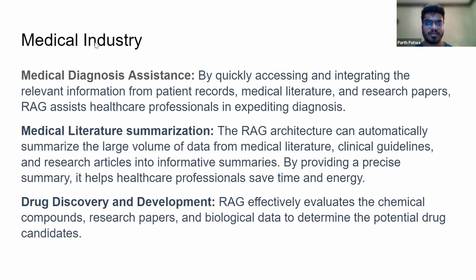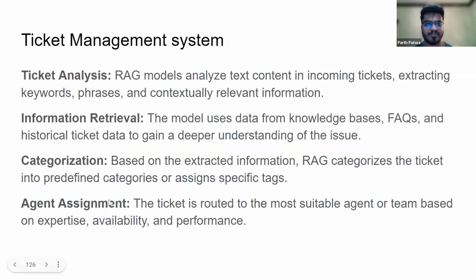The medical industry has many use cases. I think some of them we already saw. It could also help with diagnosis assistants where we are questioning multiple patient records and papers, summaries of medical literature, and drug discovery.